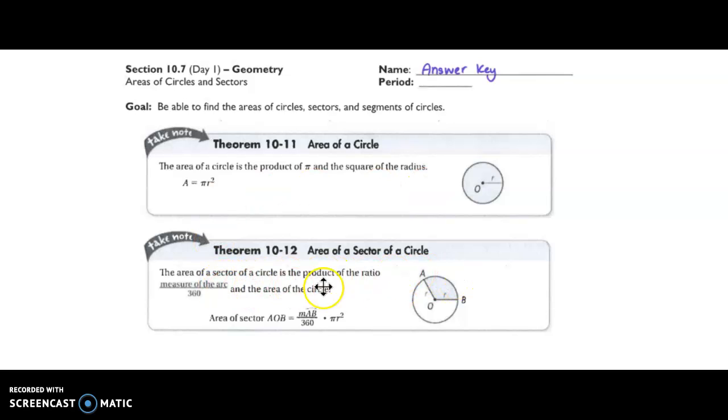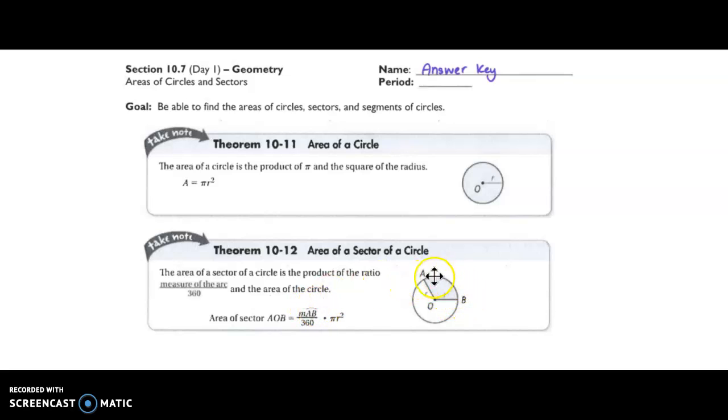A sector is part of a circle, and notice, this is going to be key in a couple slides, a sector is formed by the central angle, meaning the angle is at the center. And so the area of a sector is the measure of the arc.